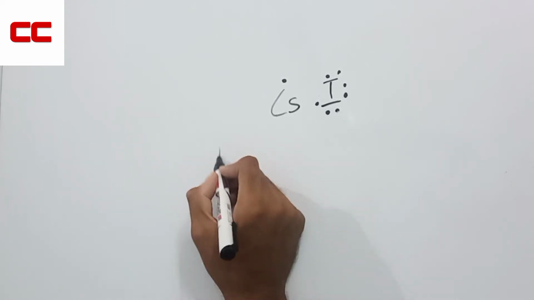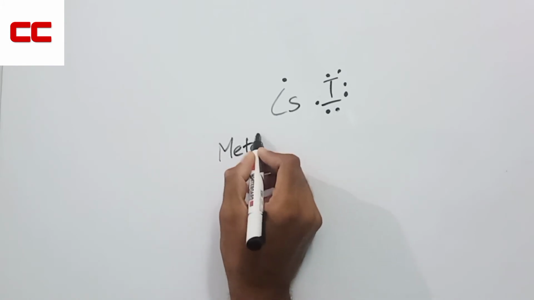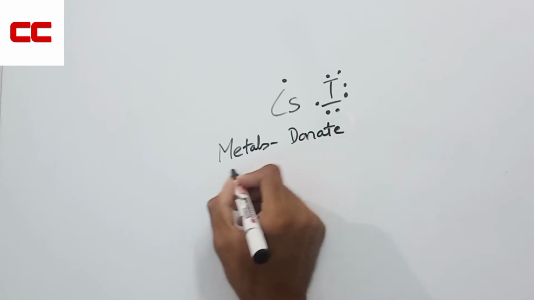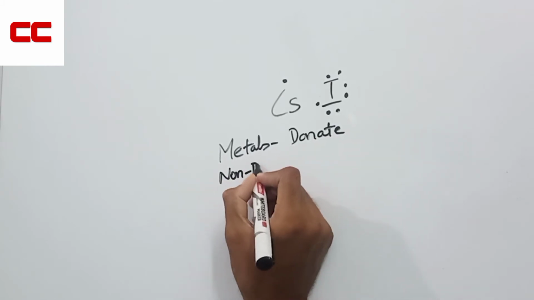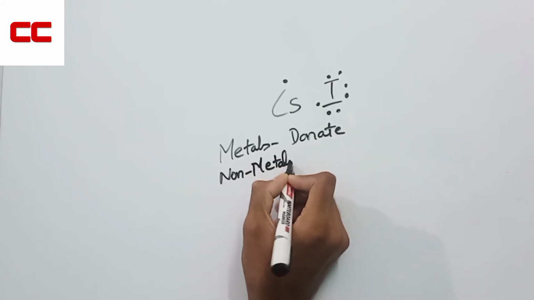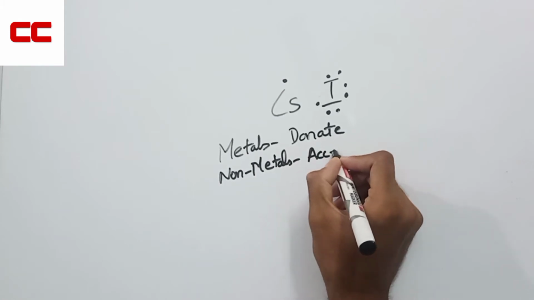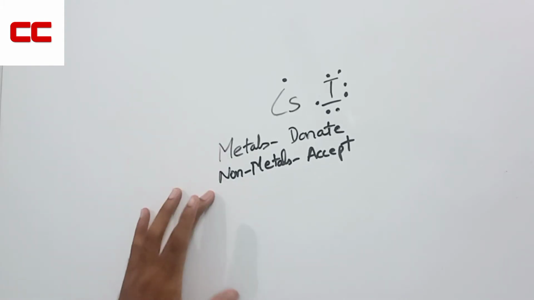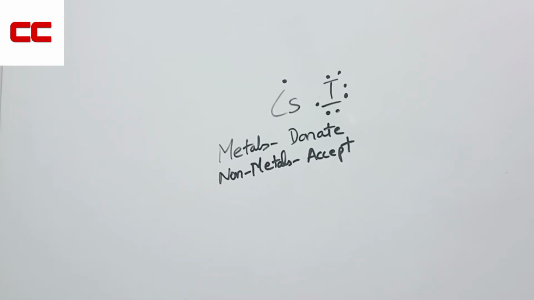Always remember, metals donate and non-metals accept. By now you must have understood that iodine, which is accepting an electron, is a non-metal, whereas cesium, which is a metal, is donating. So remember these 2 points: metals donate and non-metals accept.